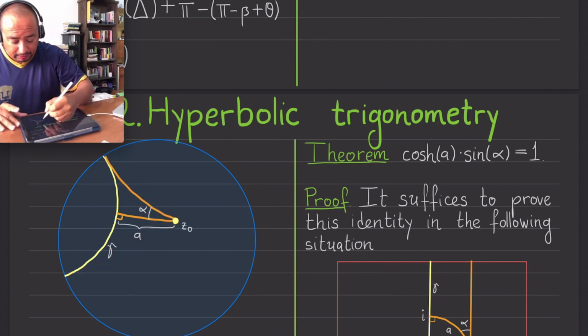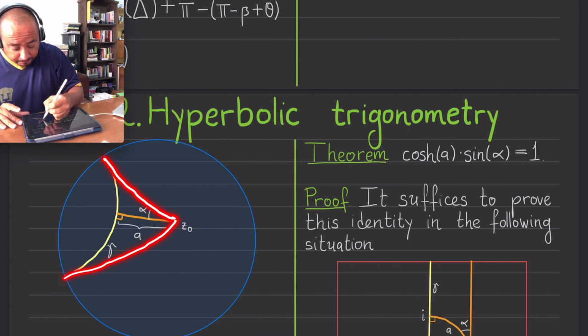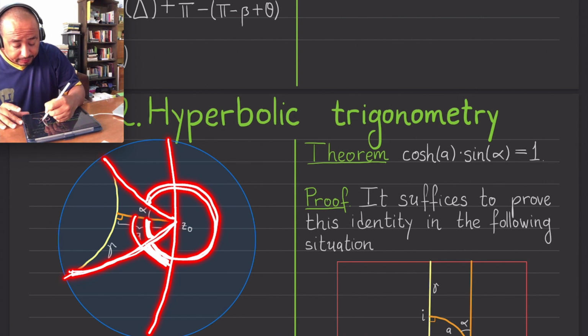So if I draw only half of those two geodesics, it seems that in all of this range, any shortest curve whose angle with this orange one lies between alpha and 2 pi minus alpha is parallel, right?